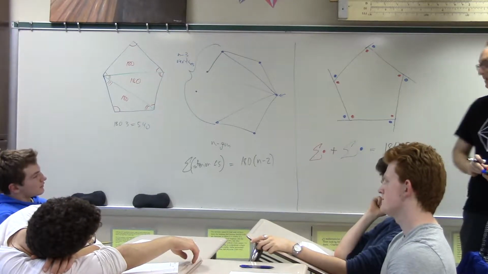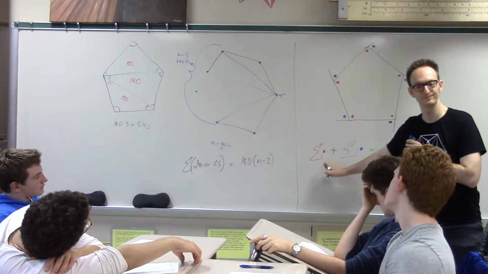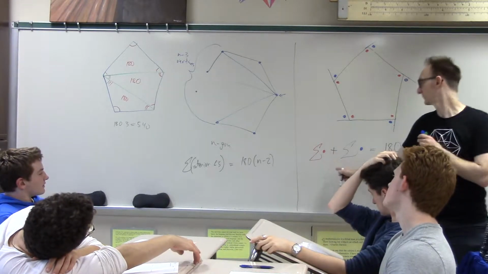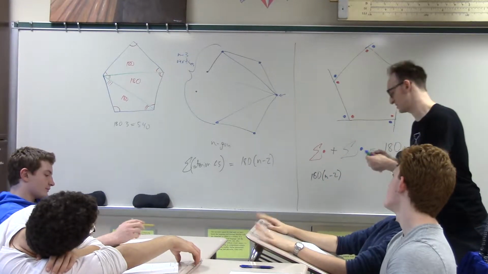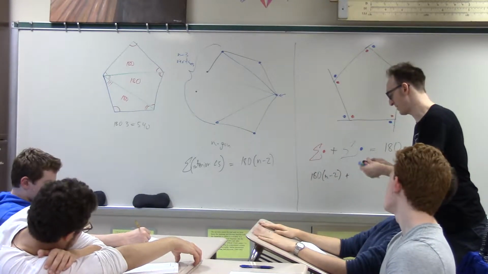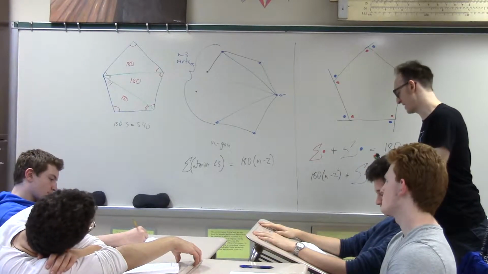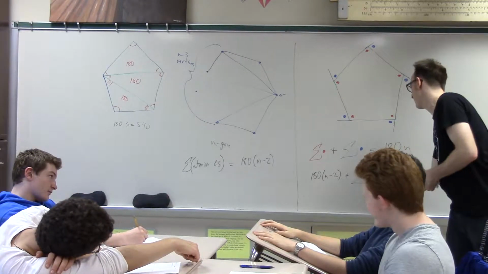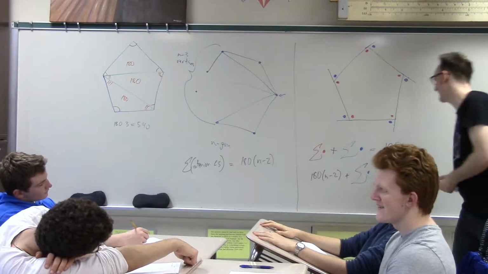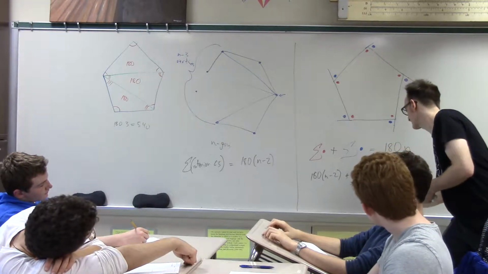But I already know, because we just talked about it, that the sum of the reds is 180(n minus 2). So if this is 180(n minus 2) plus the sum of the blues is 180n, then what is the sum of the blues? The sum of the blues is just 360.